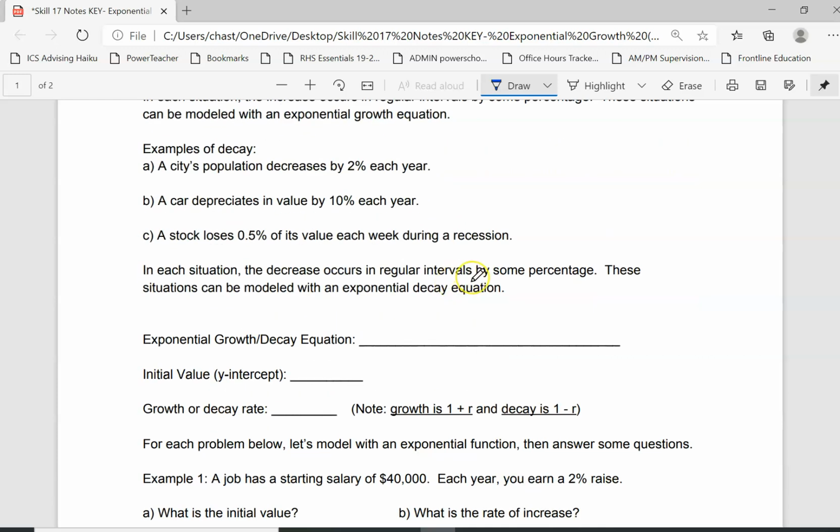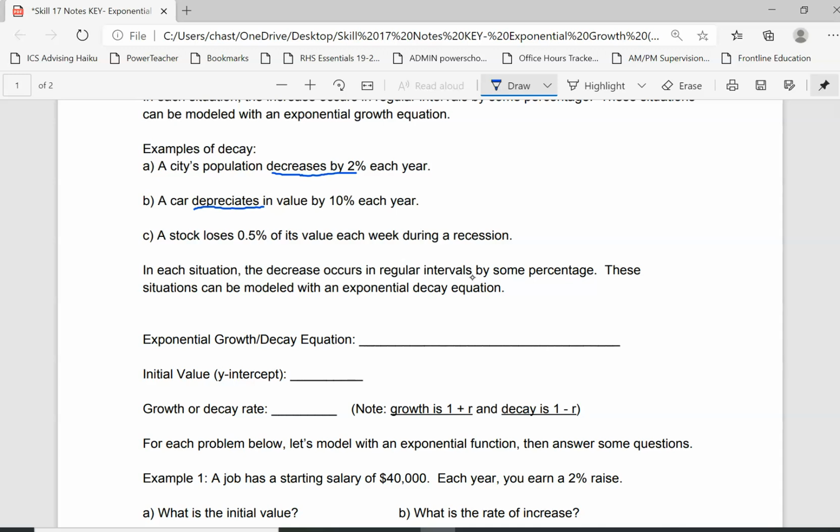Some examples you might see for decay, you might see a population decreases by 2% each year. A car depreciates in value, so depreciate is just the opposite of appreciate. So if a car depreciates in value by 10% each year, that means we're losing 10% of value each year.